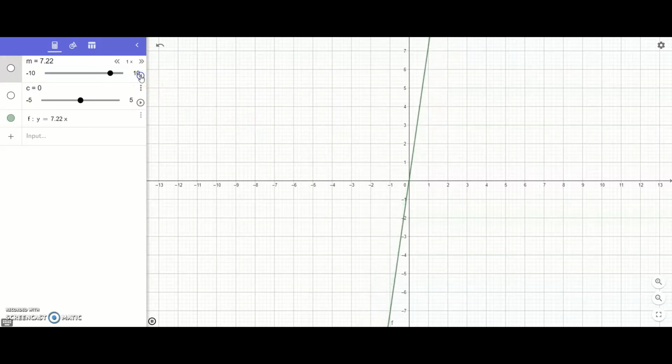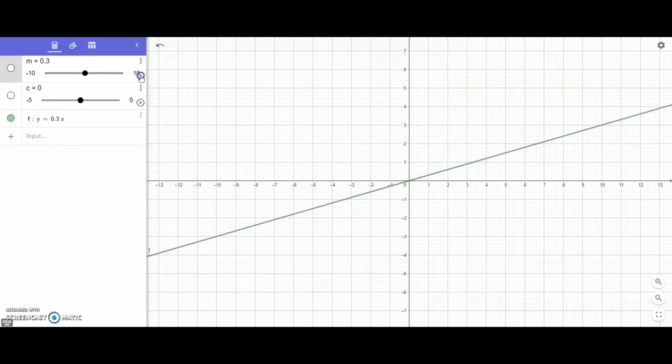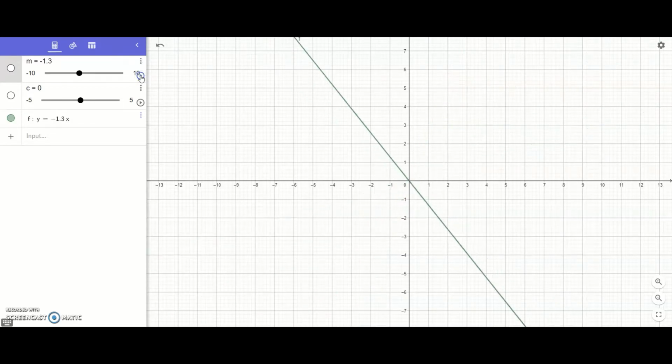So we can change this to a slope of 10 and down. There's a slope of £2.64 per kilo, and there we go. As we go through the negative numbers, we can get steeper and steeper down, and then we can return.